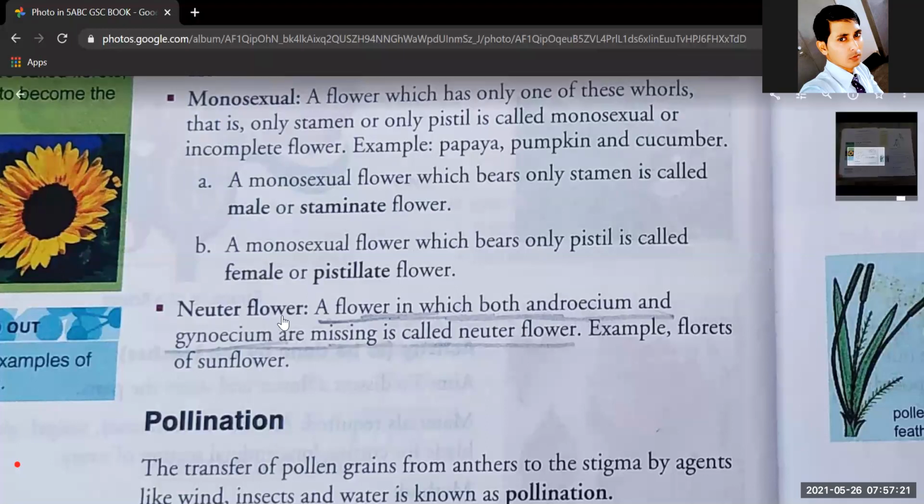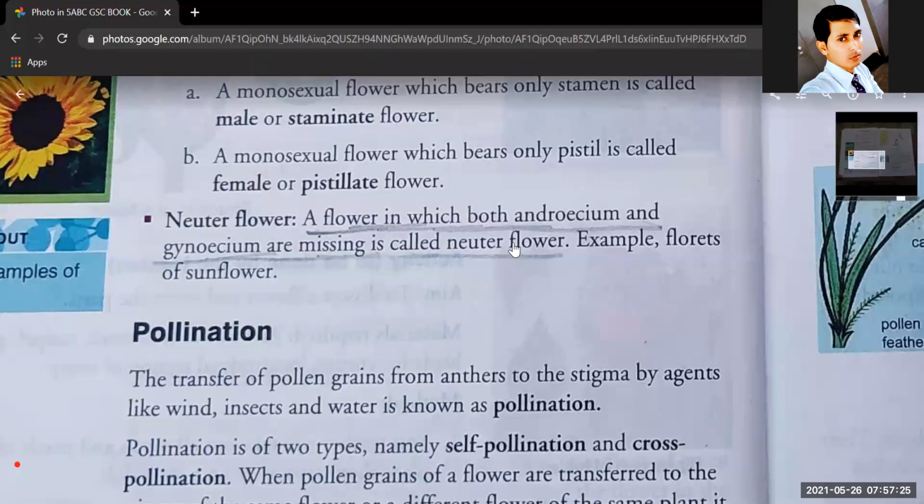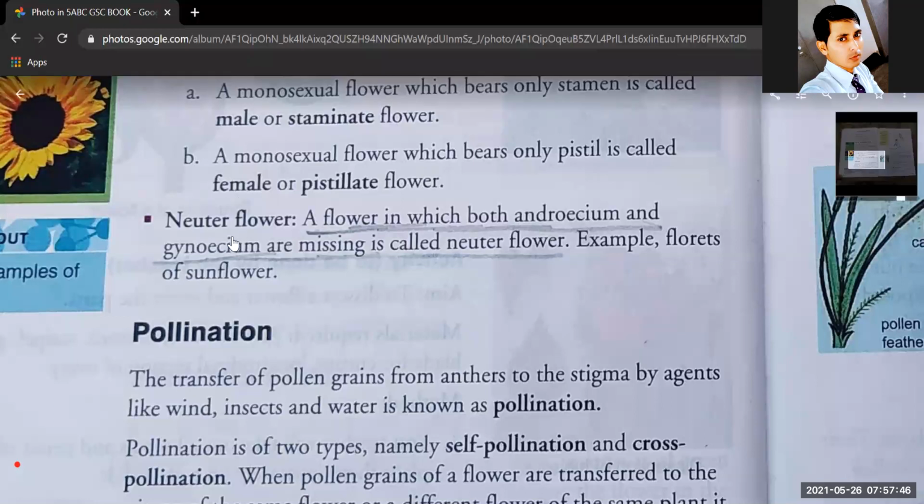Now, neuter flower. Now we are going to study what a neuter flower is. A flower in which both Androecium and Gynoecium are missing. So those flowers which don't have both these things, neither Androecium nor Gynoecium, will be called neuter flowers.